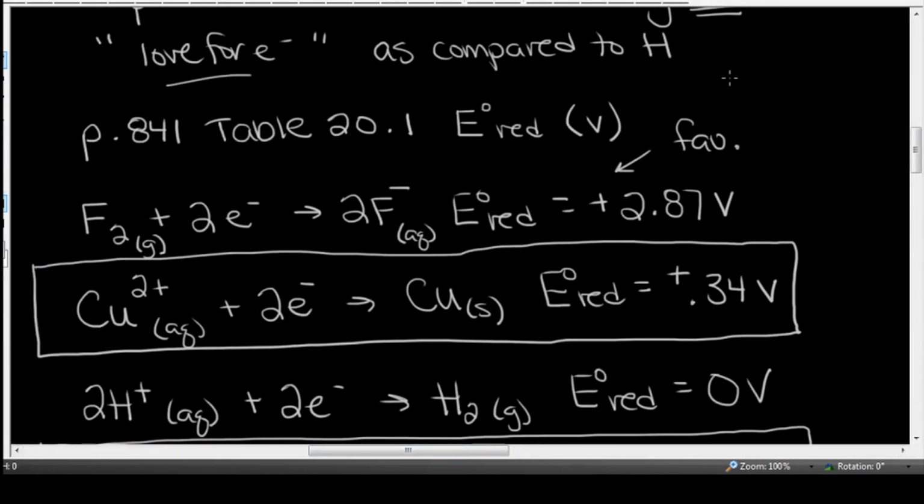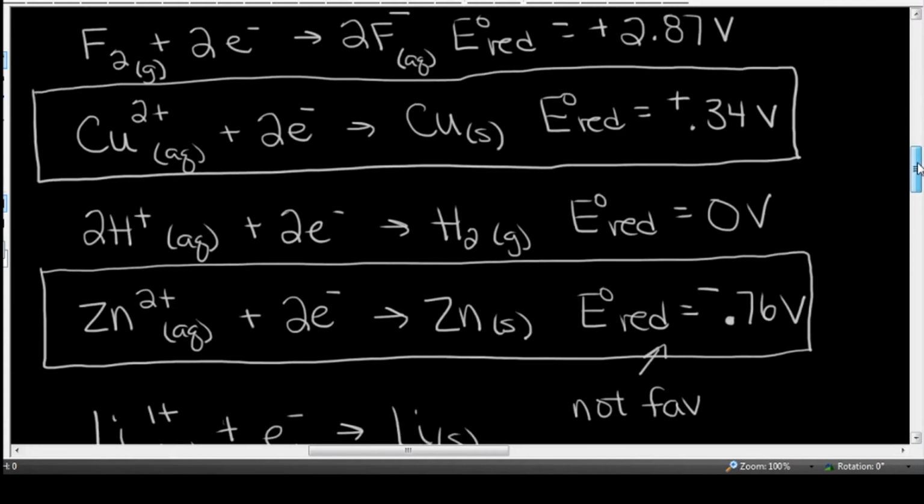You can also find a larger version of the reduction potentials list in appendix E of your textbook. If I'm looking at these two reduction potentials, I can see that the copper ions want the electrons more than the zinc ions do, because that would give me a positive reduction potential. So this reduction reaction is the one that is going to happen.